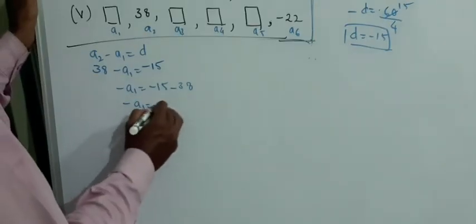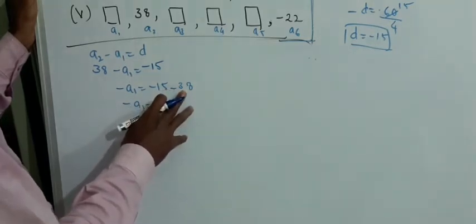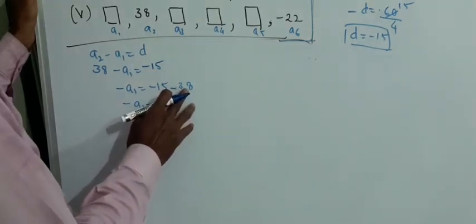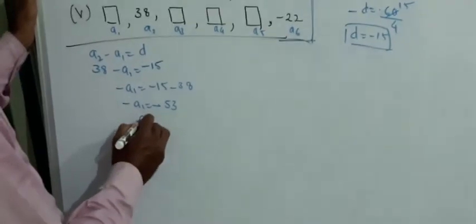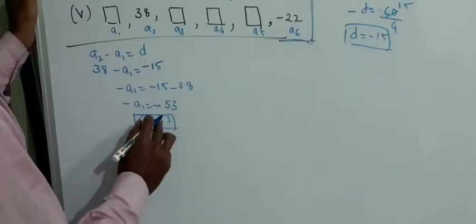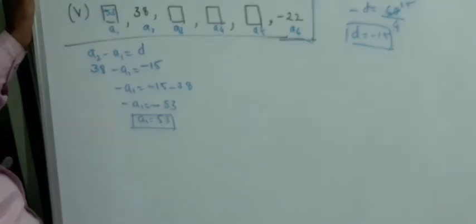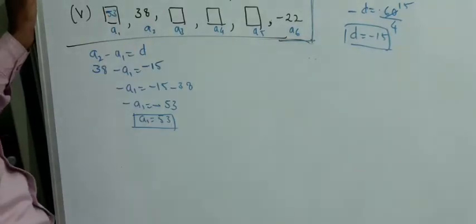Therefore minus A1 is equal to minus, keep it as it is, 15 plus 38, that is 53. So A1 is equal to 53. 3 plus 5, 8, carry 1, 4 plus 1, 5, that is 53, right?